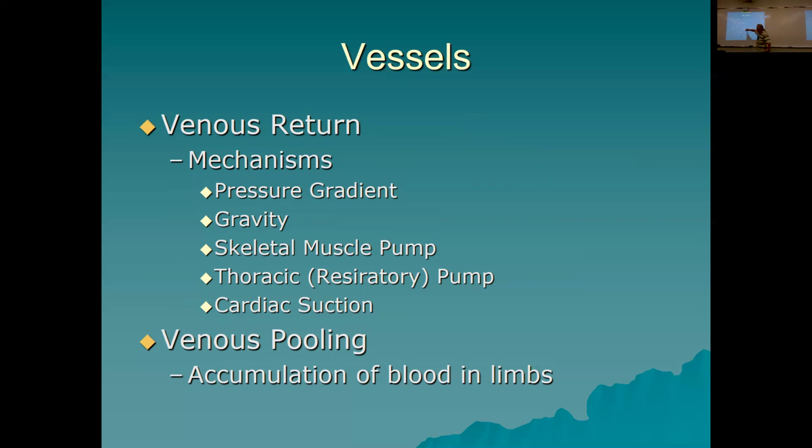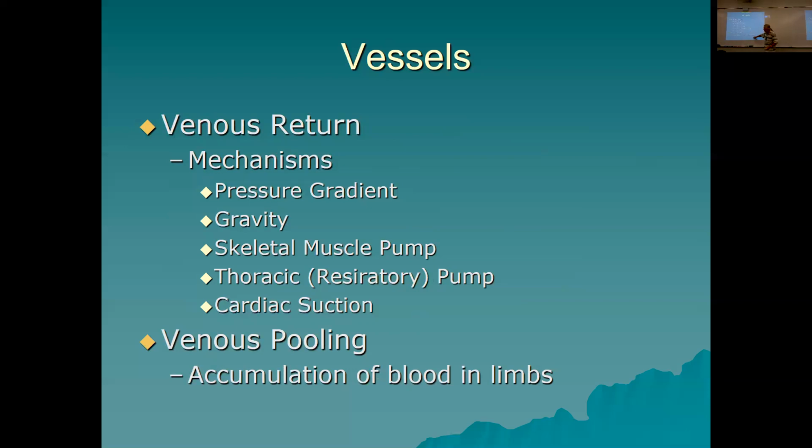Remember the skeletal muscle pump and the thoracic pump: skeletal muscle squeezing veins helps push blood back, and reduced pressure in your thorax and increased pressure in your abdomen when you breathe helps push blood back. And the cardiac suction: the opening of the heart during diastole, the increasing size of the chambers, helps us suck blood back.